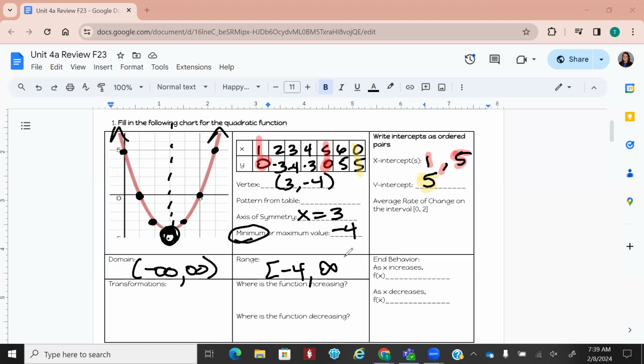It keeps going on forever, right? End behavior: as x increases, what's happening to our y values? They're increasing. As x decreases, as we move to the left, what's happening to our y values? Increasing, right?